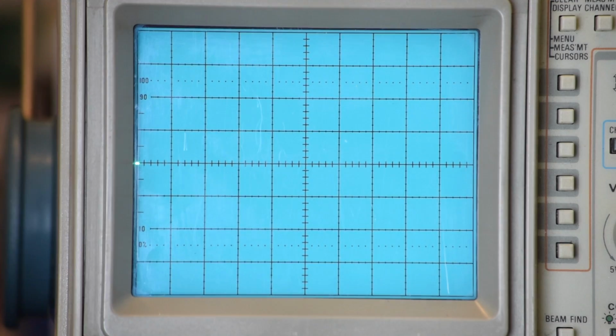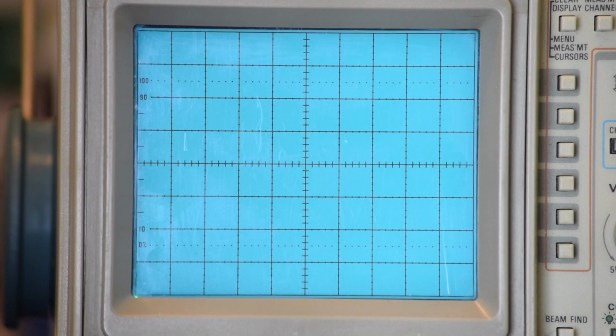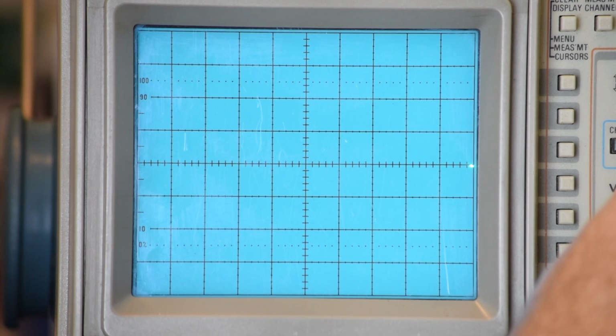And the same process, we go ahead and set that, and we switch to the other side. There.